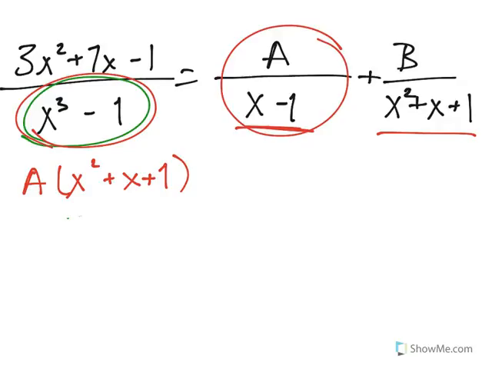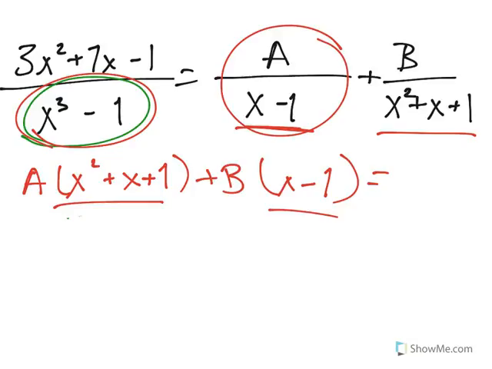That's why you get A times x squared plus x plus 1, and you do the same thing with B. If you didn't quite get my explanation as to why you need to multiply A times this and B times this, you can always go back to the video where I explained the concept of partial fraction expansion. And we want this to be equal to 3x squared plus 7x minus 1.